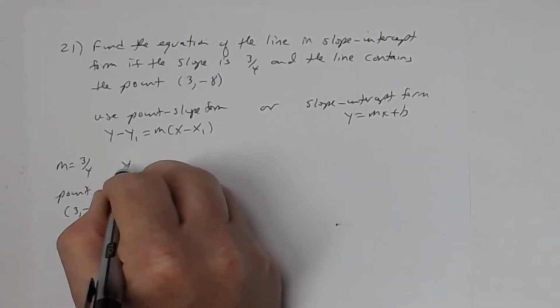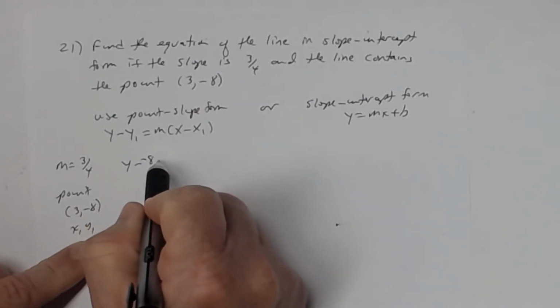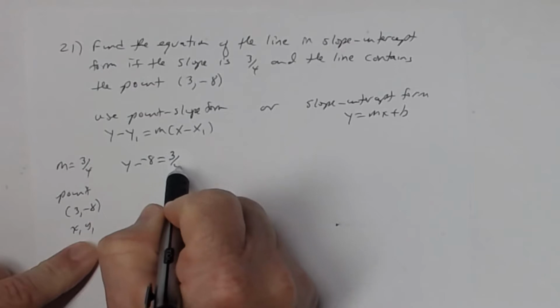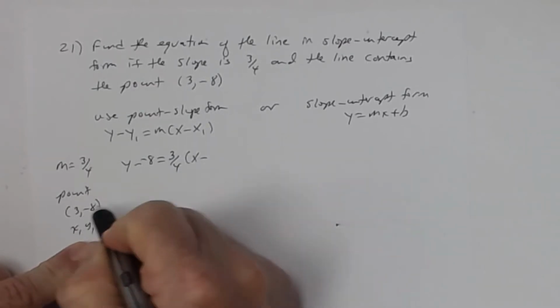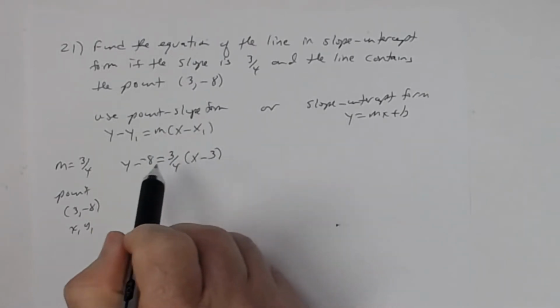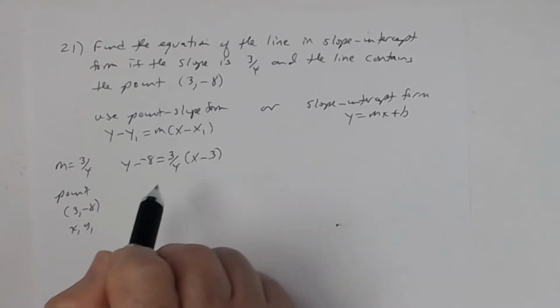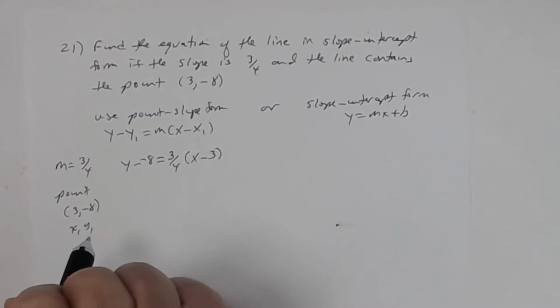So I get y minus y1, which is -8. So y subtract the -8 equals 3/4 times x subtract x1, which is 3. And then once you do that, you're going to use the distributive property, and then you're going to solve for y.